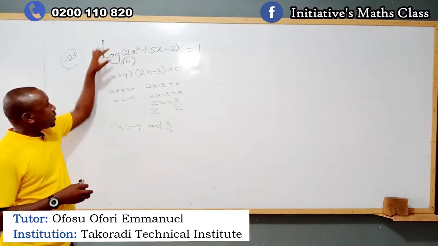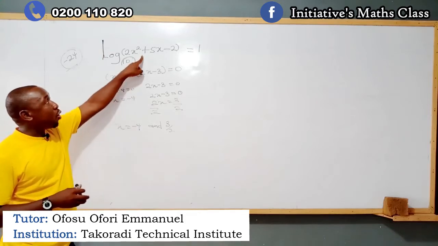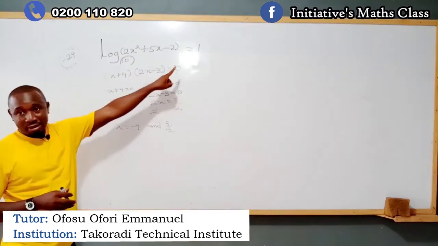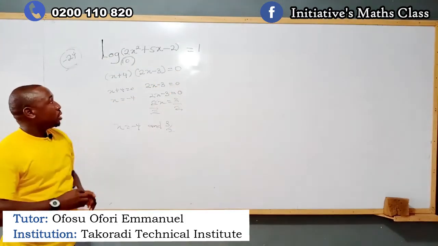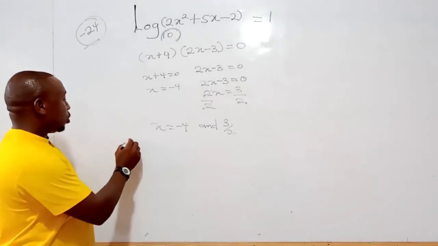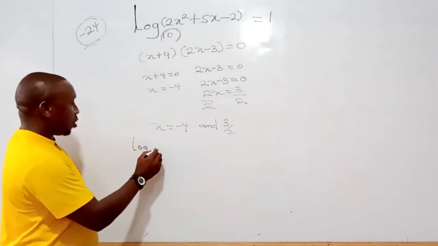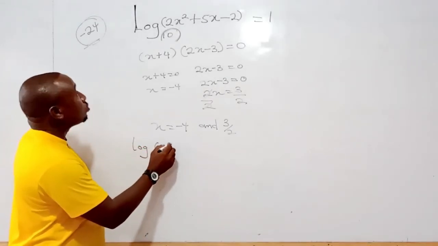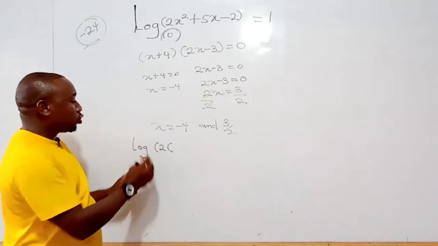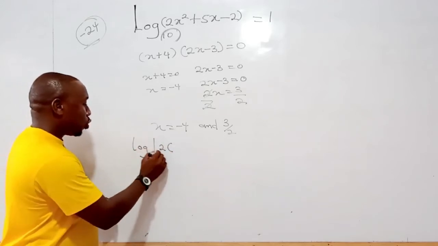Let's substitute x is equal to negative 4 here and check whether we'll be getting 1. Log of 2x squared plus 5x minus 2 to the base 10.